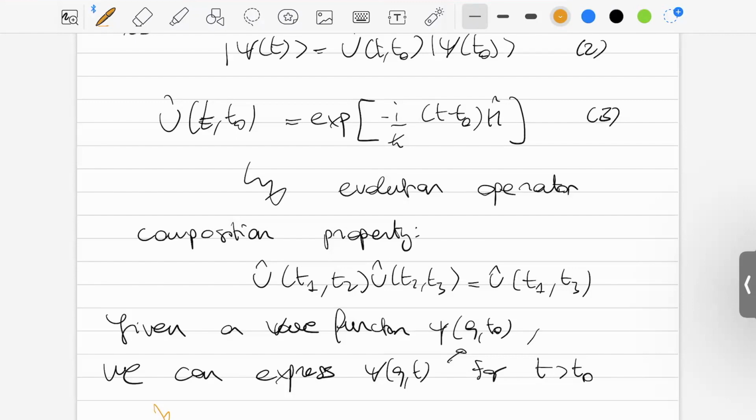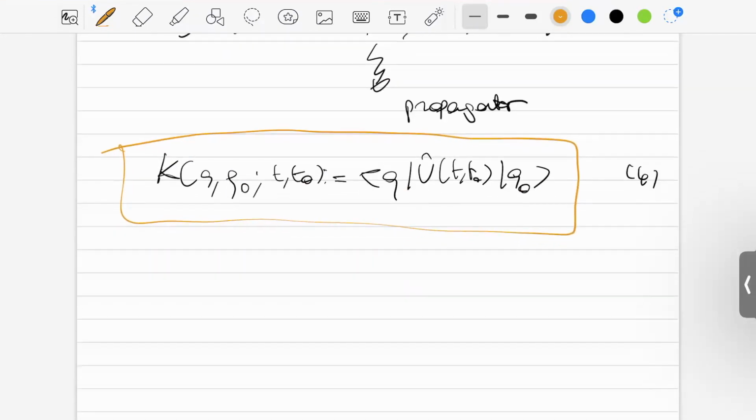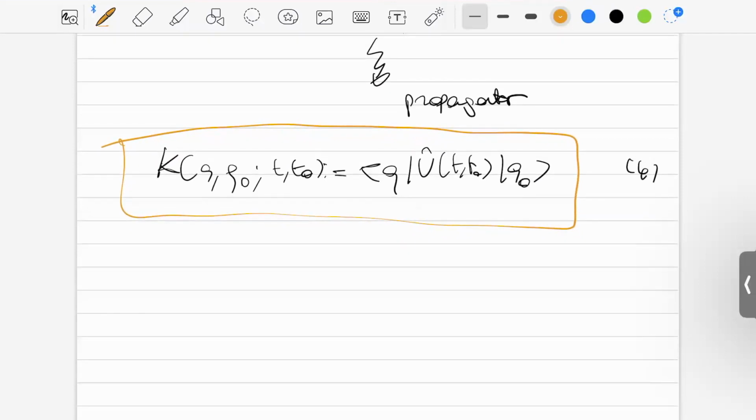As you see from the definition, the propagator is nothing but the matrix element of the unitary operator. So this propagator gives the quantum mechanical amplitude for the transition between an initial state q0 at time t0 to a final state q at time t.